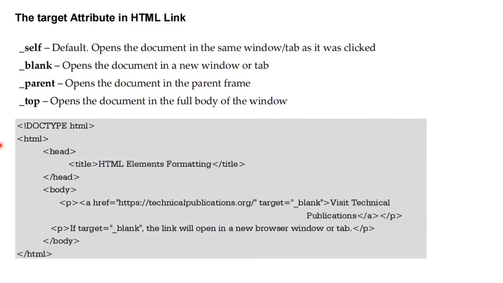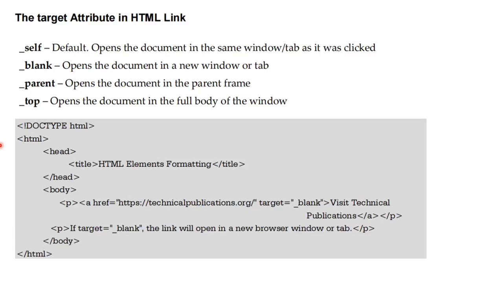So the next is your target attribute. There are a lot of attributes used in this link, and one among them is the target. The target defines where to open your link. While the user clicks on this link in the web browser, by default that page will be displayed in the current browser only.